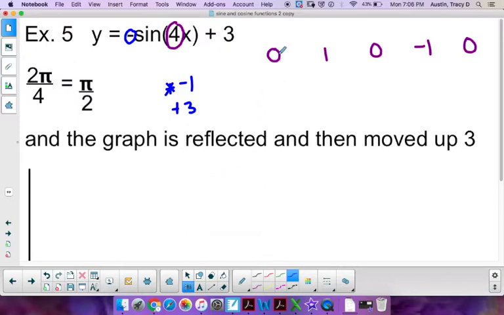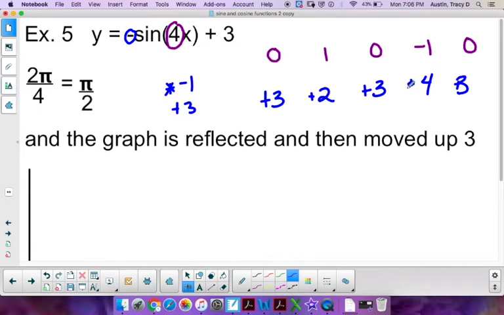Okay, well, 0 times -1 is still 0 plus 3. 1 times -1 is -1 plus 3 is 2, and it's a positive. 0 times -1 is 0 plus 3. Okay. -1 times -1 is 1. Remember, double negative. Plus 3 is 4. And 0 times -1 is still 0. Plus 3 is a positive 3.